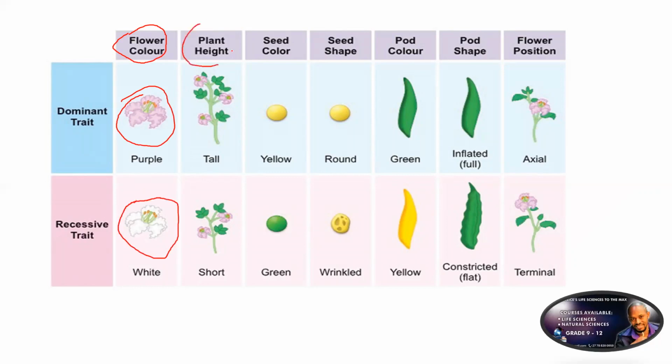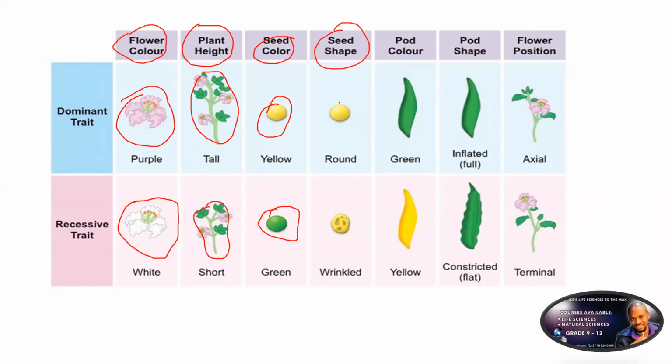Again, height. Pea plants were always either tall or short, and that's clearly very observable. Seed color, another characteristic. Some pea plants produced seeds that were yellow, while others produced seeds that were green. Very much observable. Seed shape.